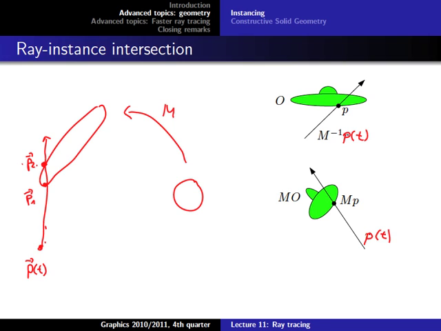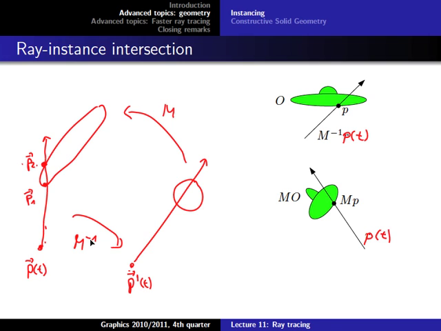So we want to calculate these two intersection points, but because intersection is preserved under the basic transformations, instead of calculating these, we could also just apply the inverse transformation to the ray. Then we get a ray that probably looks like this. So this is a ray, let's call it P dash, which is the transformed version of this one.